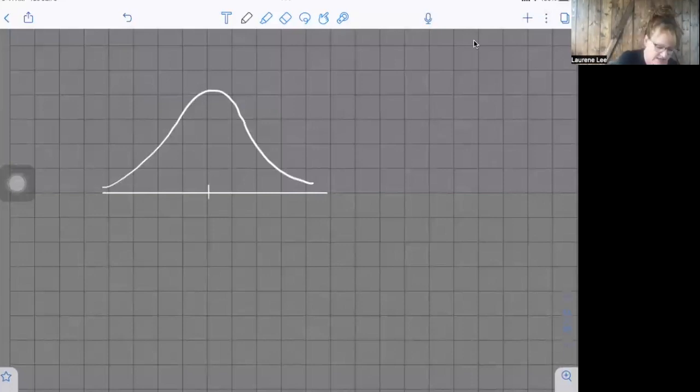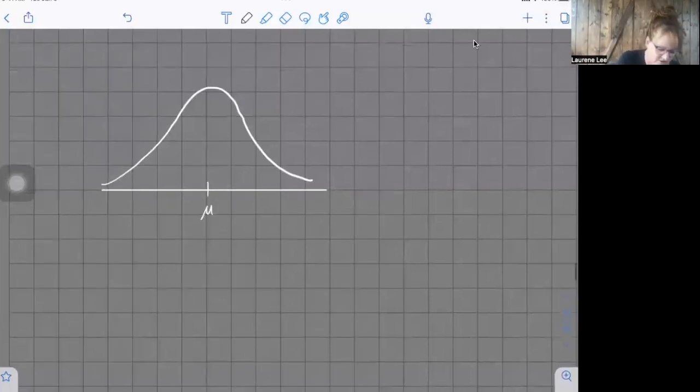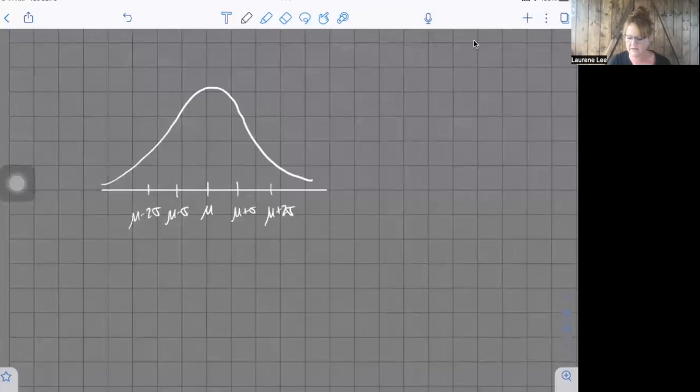The mean is in the middle. And then we have standard deviations marching away from there. So this is going to be the middle plus 1 standard deviation. This is going to be the middle plus 2 standard deviations, and so forth. And the same happens the other way. This is going to be the mean minus 1 and the mean minus 2. Okay, so that's our distribution.